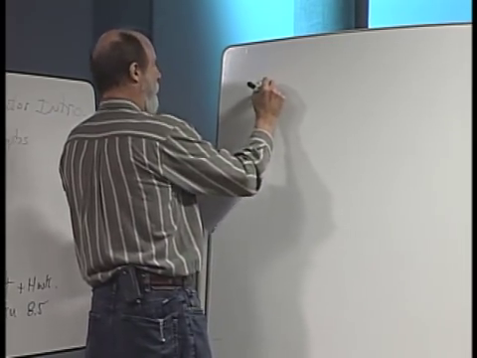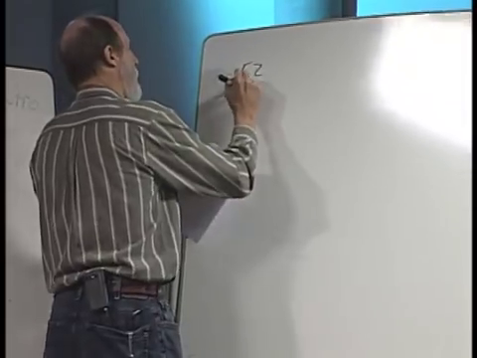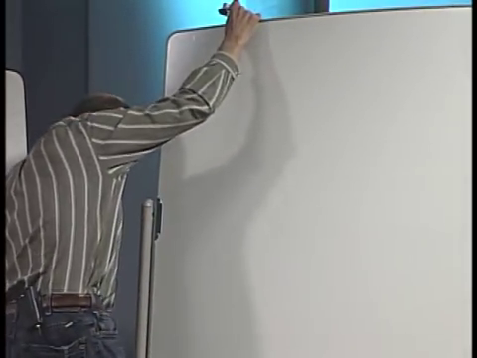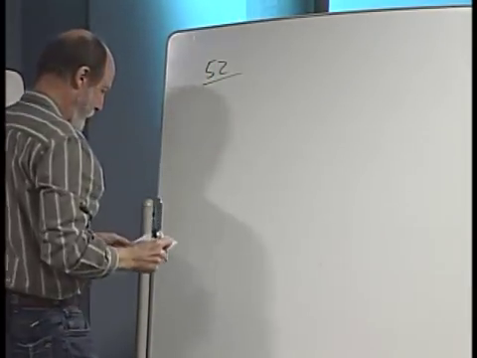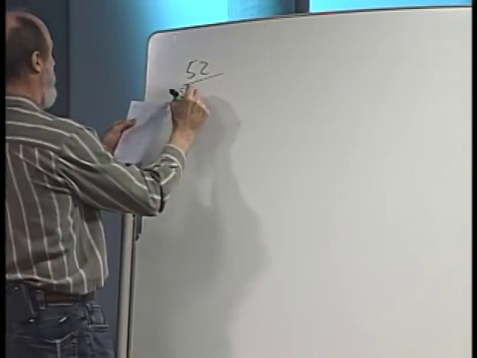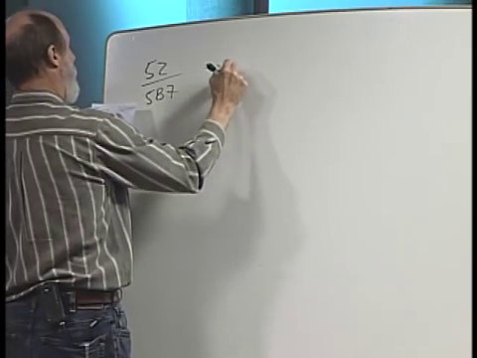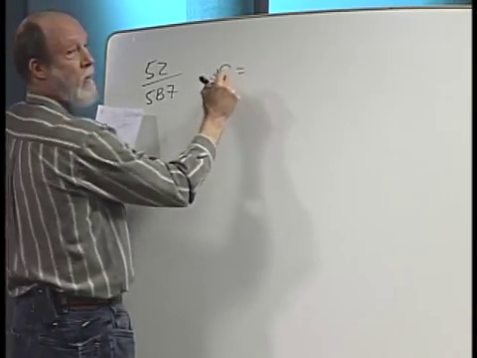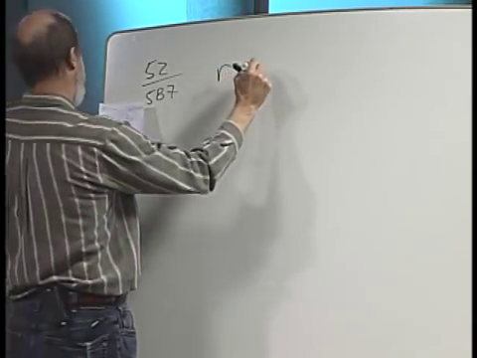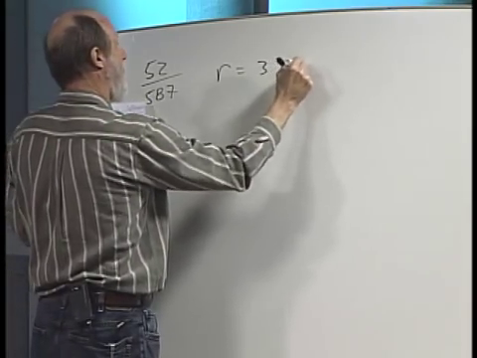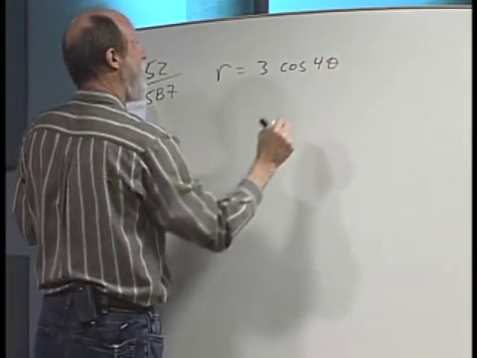So here's a polar function. This happens to be a question out of the book, number 52 on page 587. Here's the polar function. The radius is equal to 3 times the cosine of 4 theta.